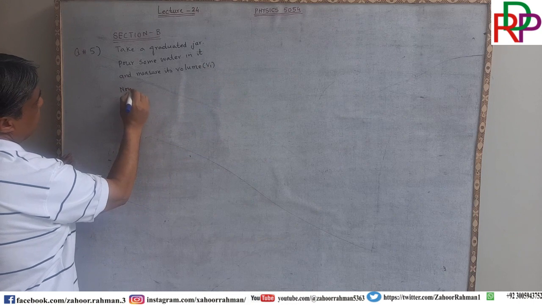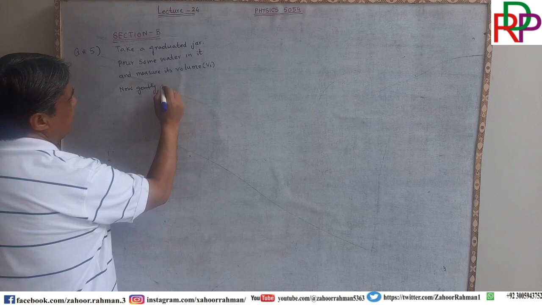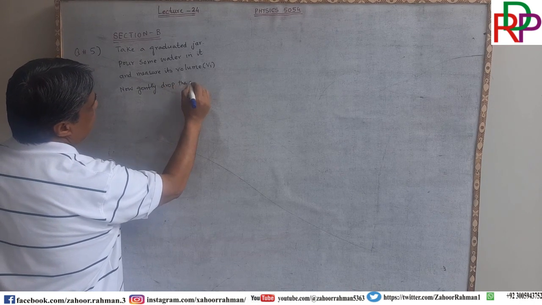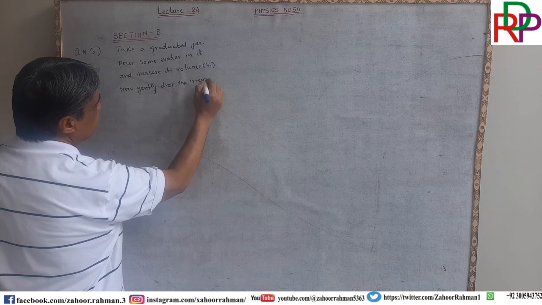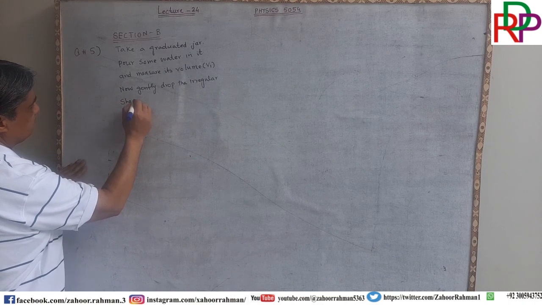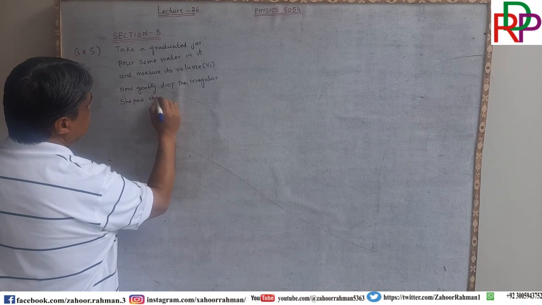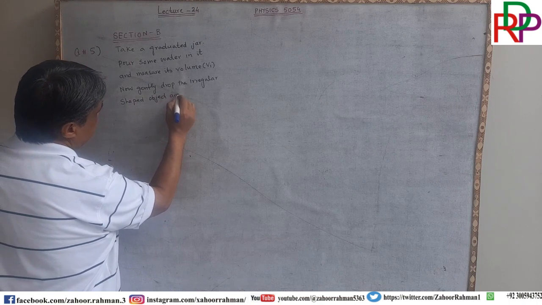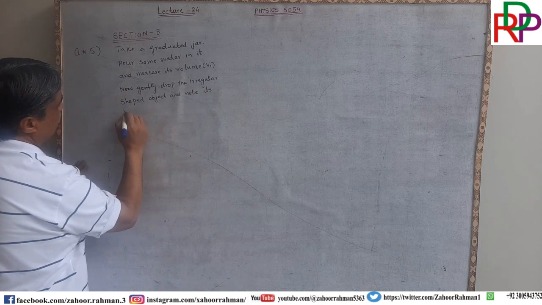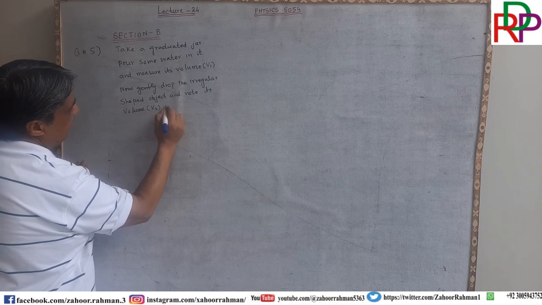Now gently drop the irregular shape object and note its volume V2 again.